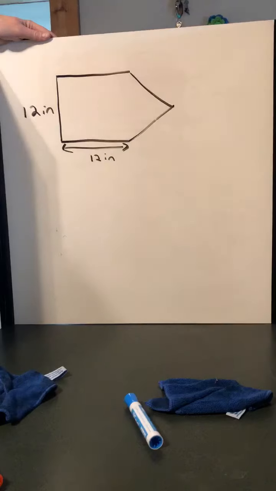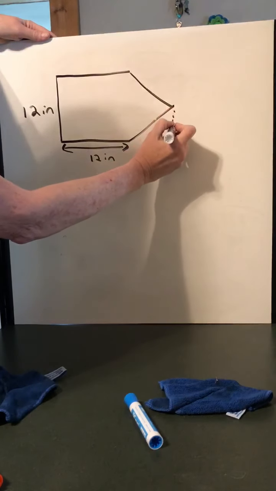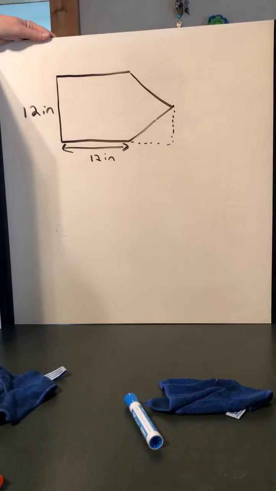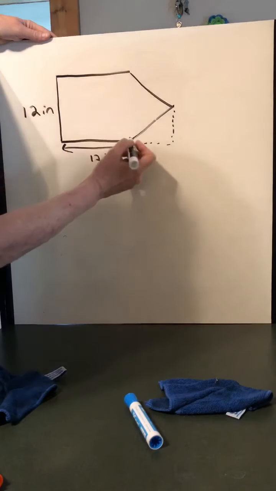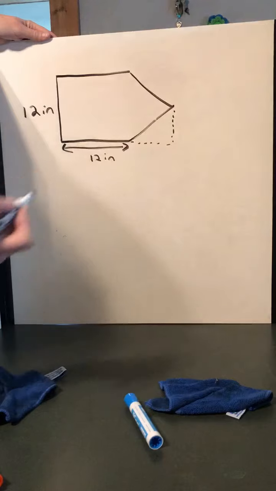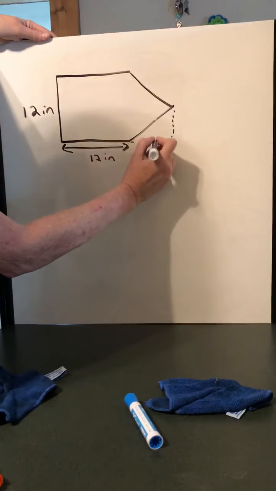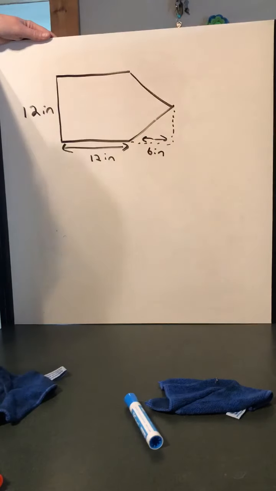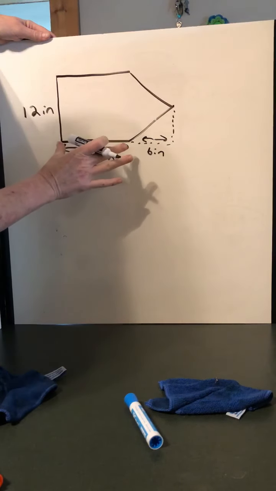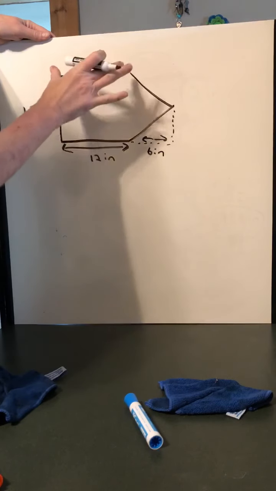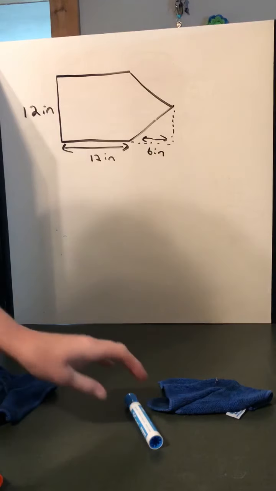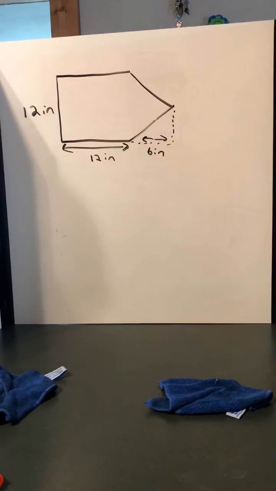And then we know that this part right here is 6 inches. So you might be given this information. I know right away because this is 12 inches, this is 12 inches. So this is what I'm starting with, but now I can gather other information from it.